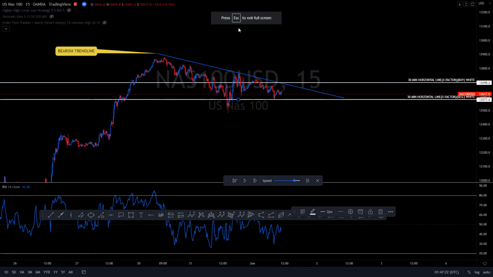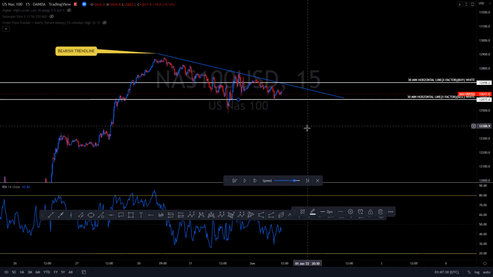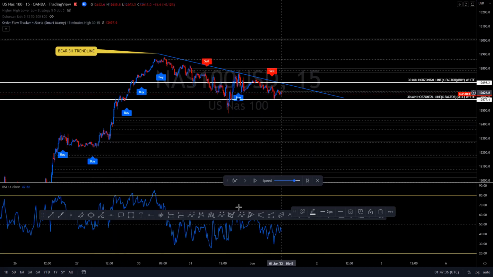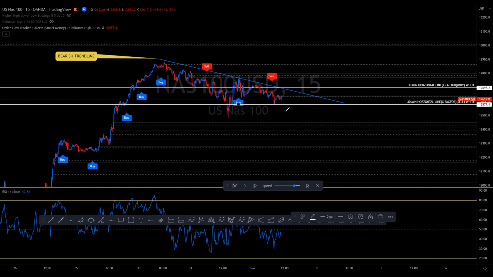Then the very next thing that I did was I turned on my institutional indicator and looked for imbalance gaps. Okay. So imbalance gaps basically let me know what imbalances the institutions are going to have to fill to make their money back.